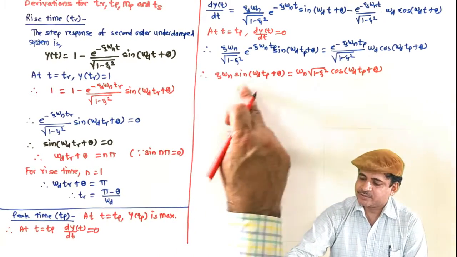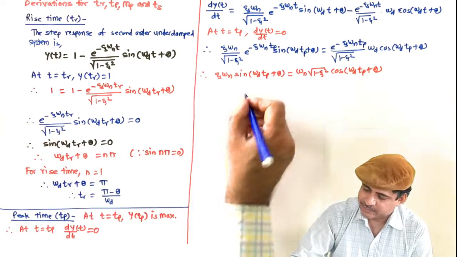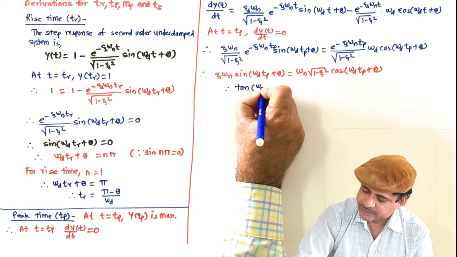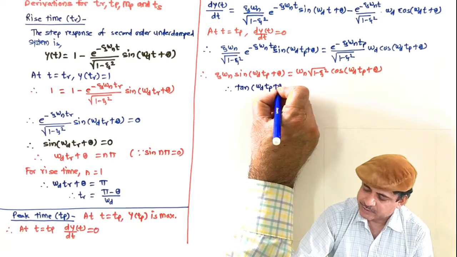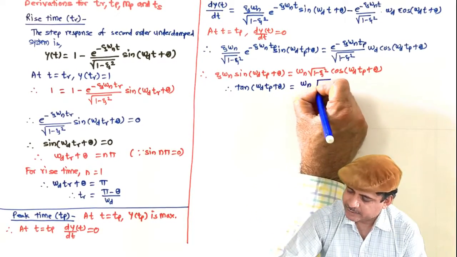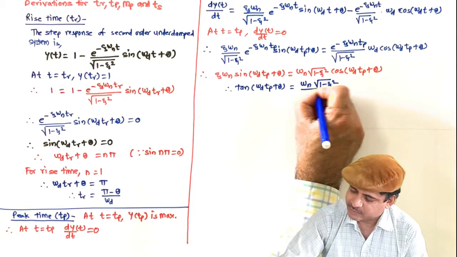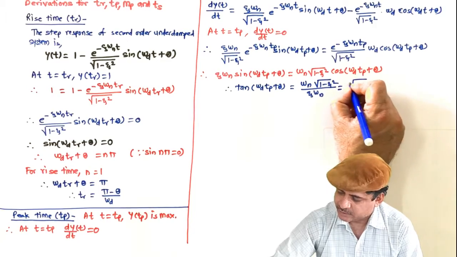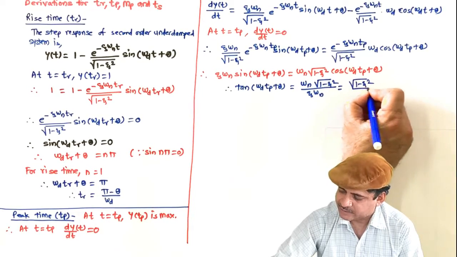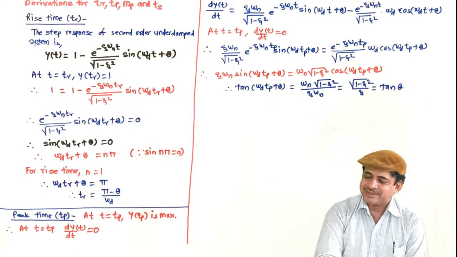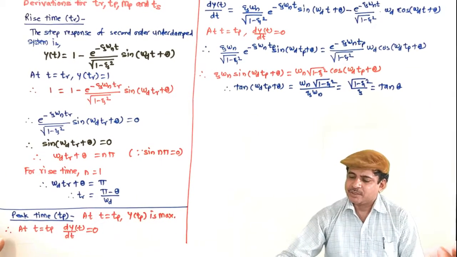So if this comes this way, it becomes tan function. So tan omega d Tp plus theta is equal to omega n under root 1 minus zeta square by zeta omega n, that is under root 1 minus zeta square by zeta, that is also equal to tan theta, that we have seen in the last class.